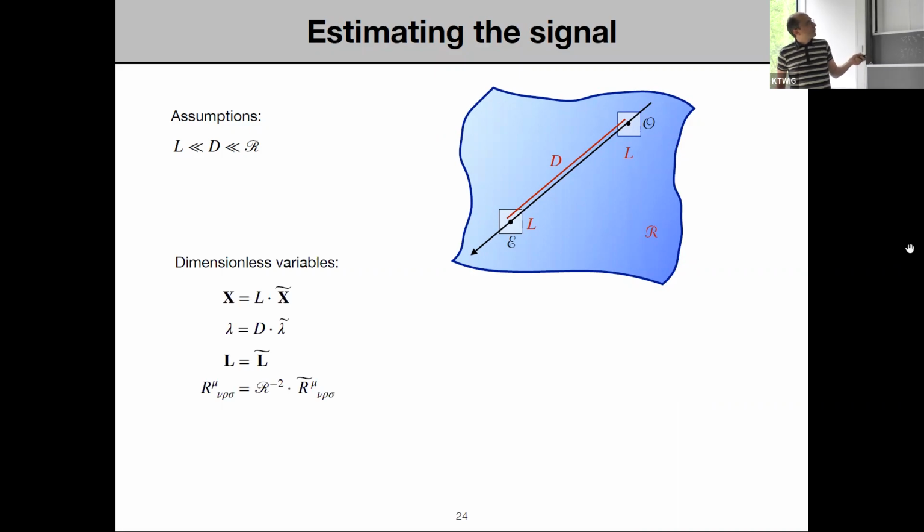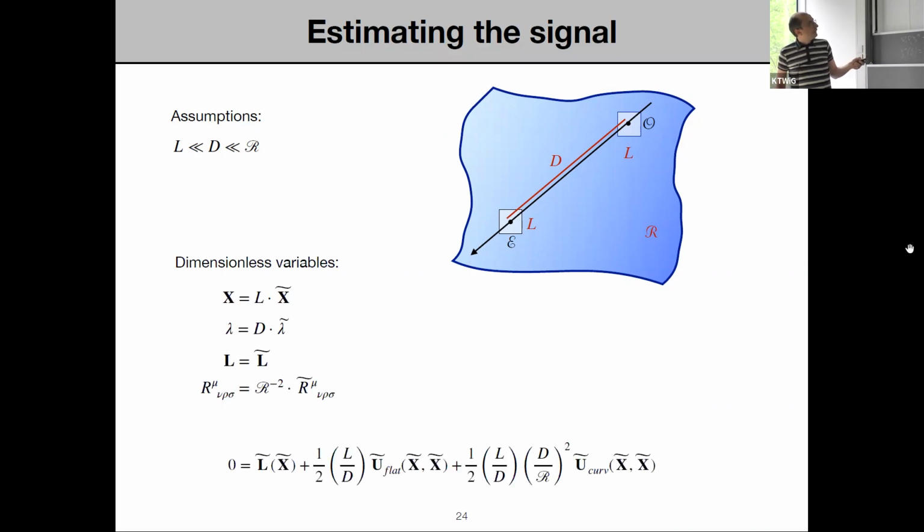Then we can introduce dimensionless variables. We can explicitly write down the equation for the local surface of communication, including the so-called flat space-time or finite distance effects, and on top of that, the curvature effects. And you can really see that there is a hierarchy here.